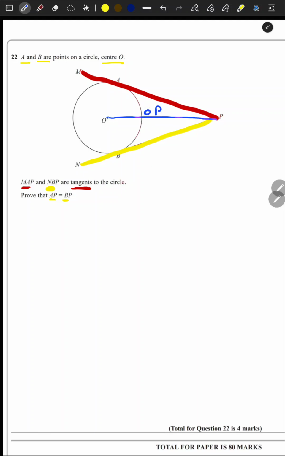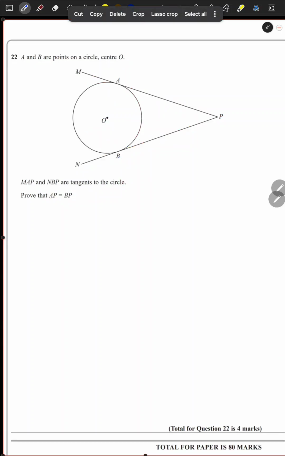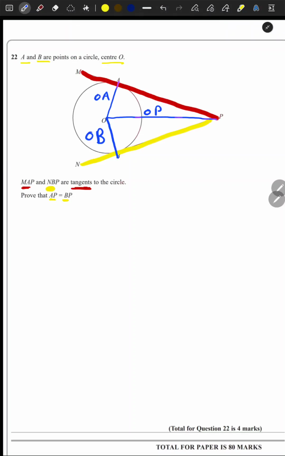What we can also do is draw lines from O to A, label this OA, and a line from O to B, which we can label as OB. As you can see, both of these triangles already look like right angle triangles. However, we do have to prove it.